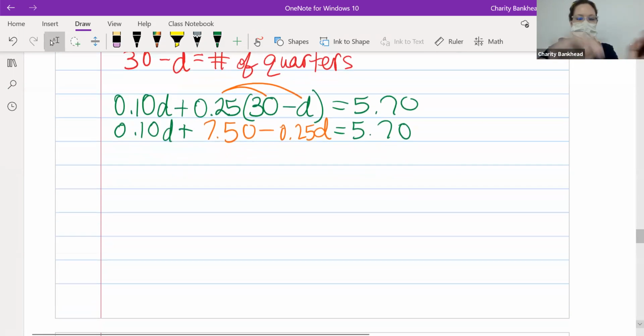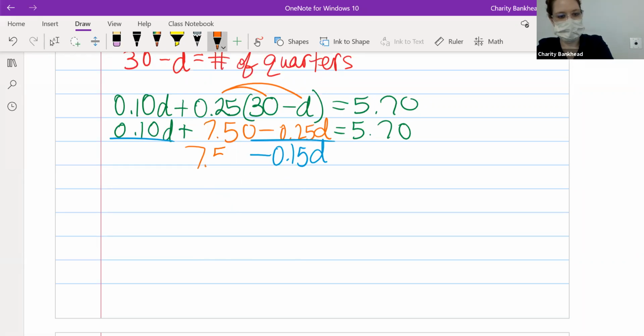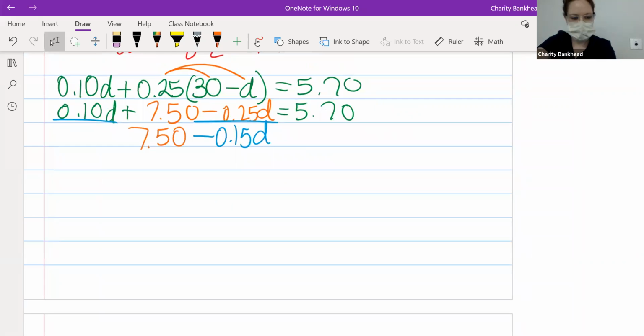And then let's combine the like terms. So 10 cents minus 25 cents would be negative 15 cents D. And I'll bring the rest down. So 7.50 minus 0.15D equals 5.70.